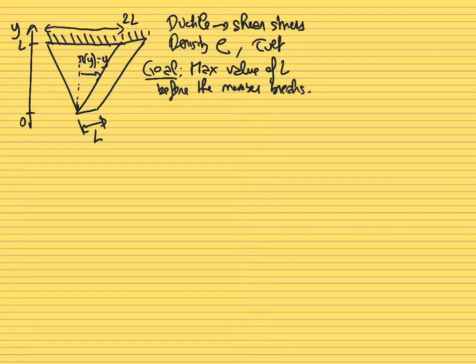Then based on this, calculate the normal stress as a function of y. So for any y between 0 and L, for any point within this member, we will need to calculate the normal stress. Based on this, we will draw a Mohr circle in order to convert this normal stress into a shear stress. And based on this, we will see what's the condition to have a fracture, or what's the maximum length before fracture is likely to happen.